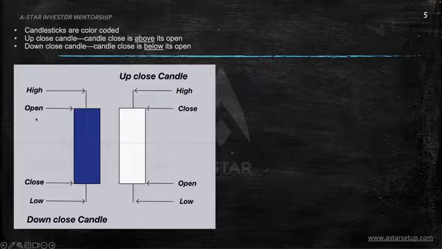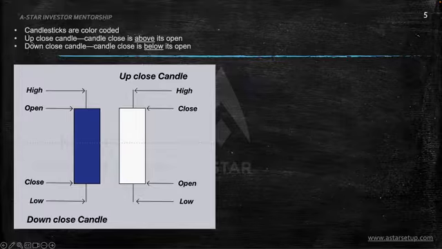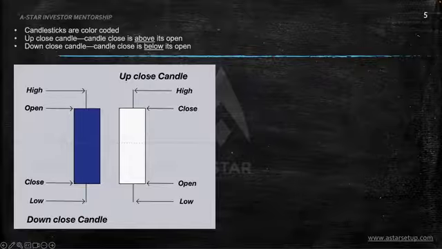Principle for down close candle. Reverse scenario for up close candle. Go look up to the top left of your screen. The up close candle. The candle close is above its open. Look at the white candle. The diagram of the white candle. Literally above it says up close candle. Pay attention to it. Look at where it opens.